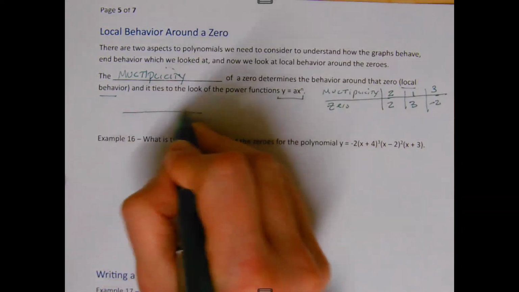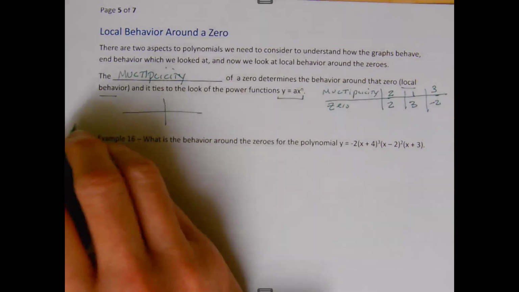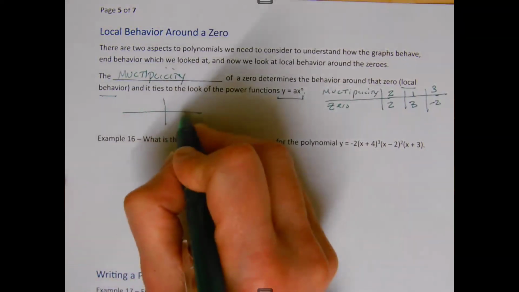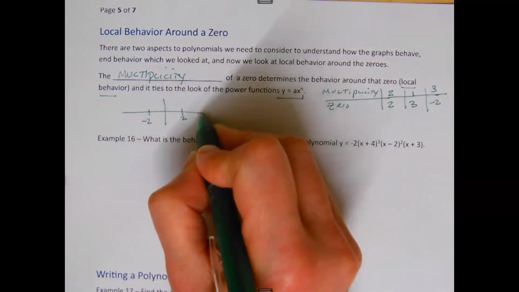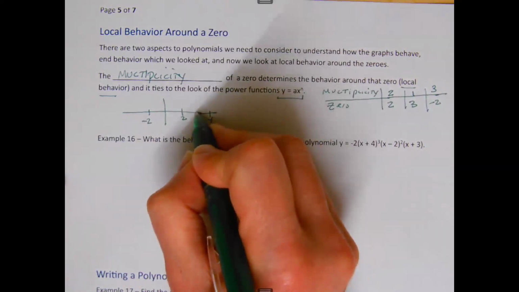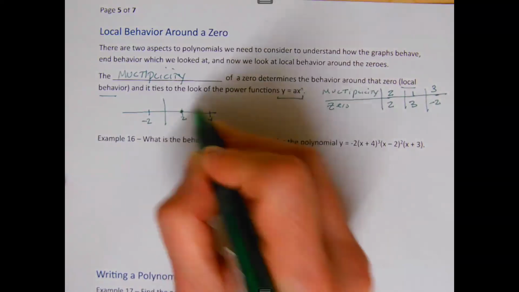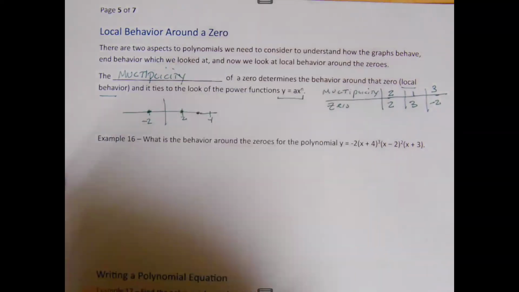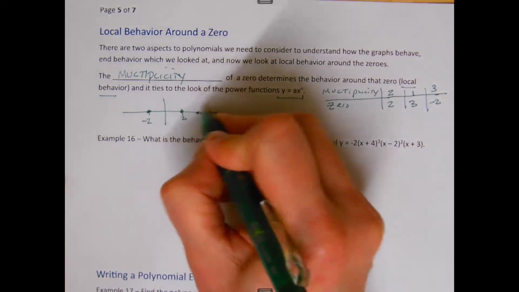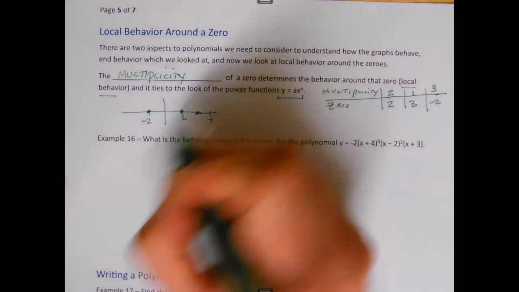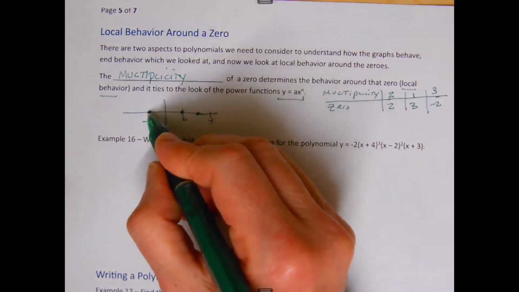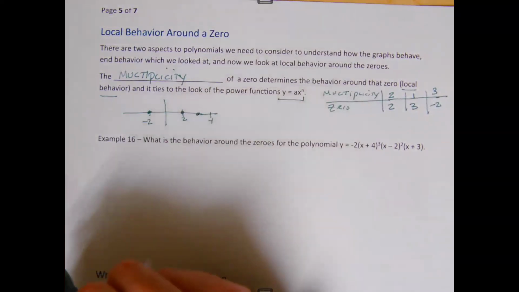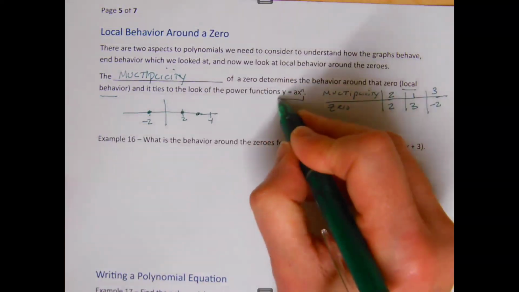So when we look at the graph, I'm going to mark these zeros: 2, -2, and 3. Around the zeros, as we get really close to a zero, the graph around that zero will look like its power function.